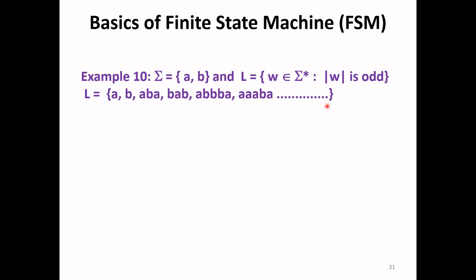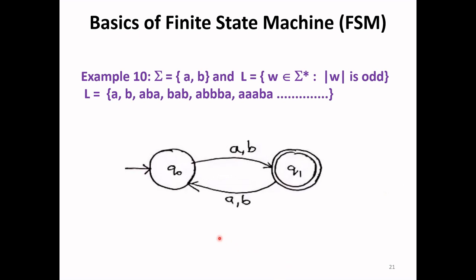Here also the same logic is applied. Start with an initial state Q0. For one input symbol A or B, it reaches the final state. That is, for an odd number of A's or B's, it will be in the final state. When it comes across an even string length, it will be back in the intermediate state.